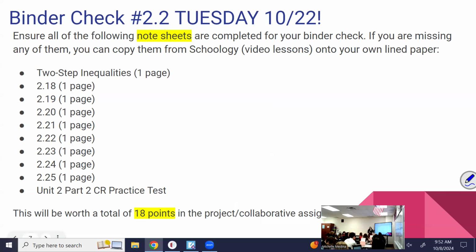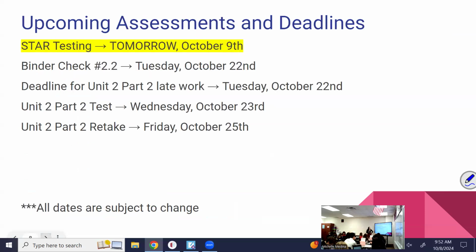Okay. So lots of announcements. That's just about this class. Tomorrow, make sure you bring a charged Chromebook, or at the very least your charger, because you are doing your STAR testing.